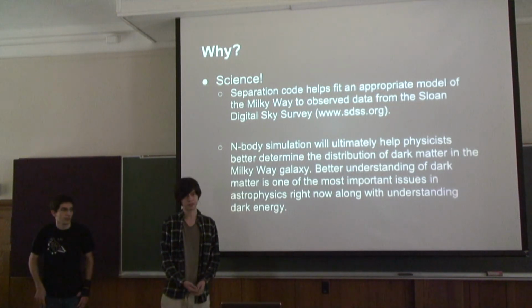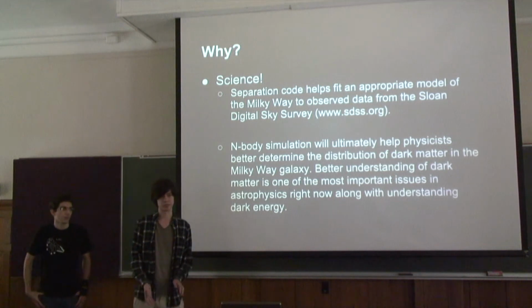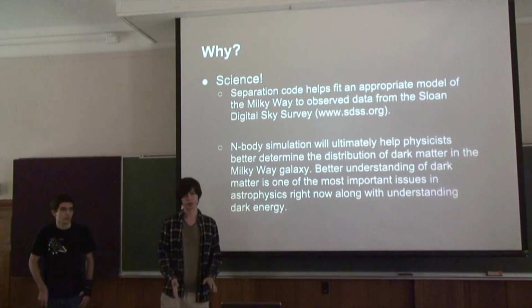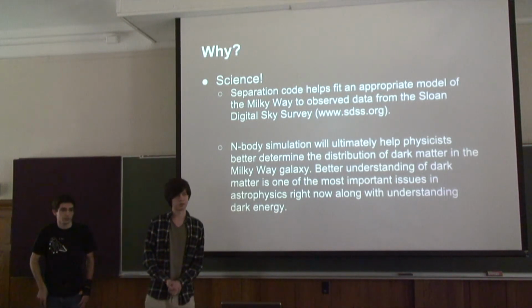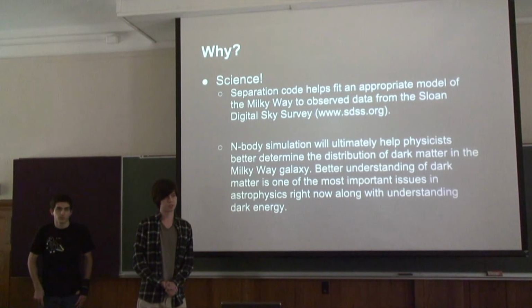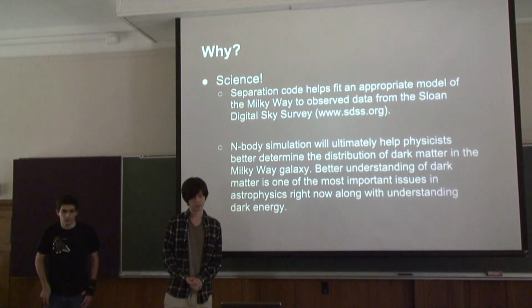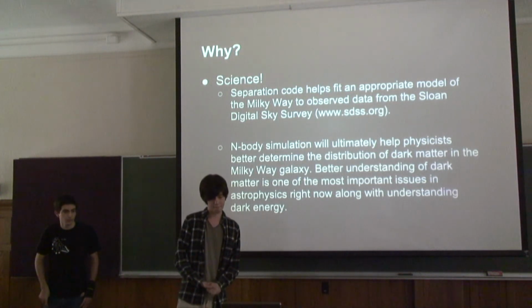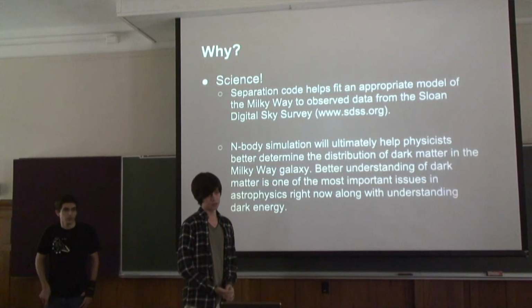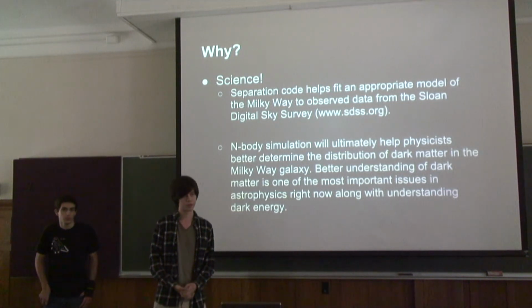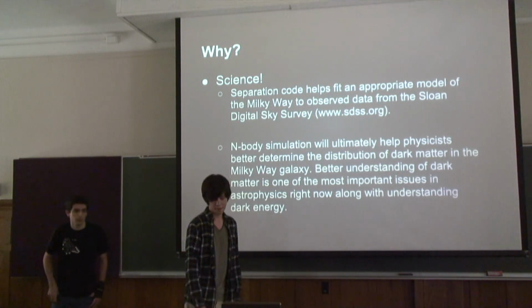We know dark matter, well, we theorize that dark matter exists, but there's really no actual evidence of this. So the main issue that physicists have now is trying to figure out how the distribution of dark matter really exists in the galaxy. So by using this program, we hope to better understand the distribution of dark matter.